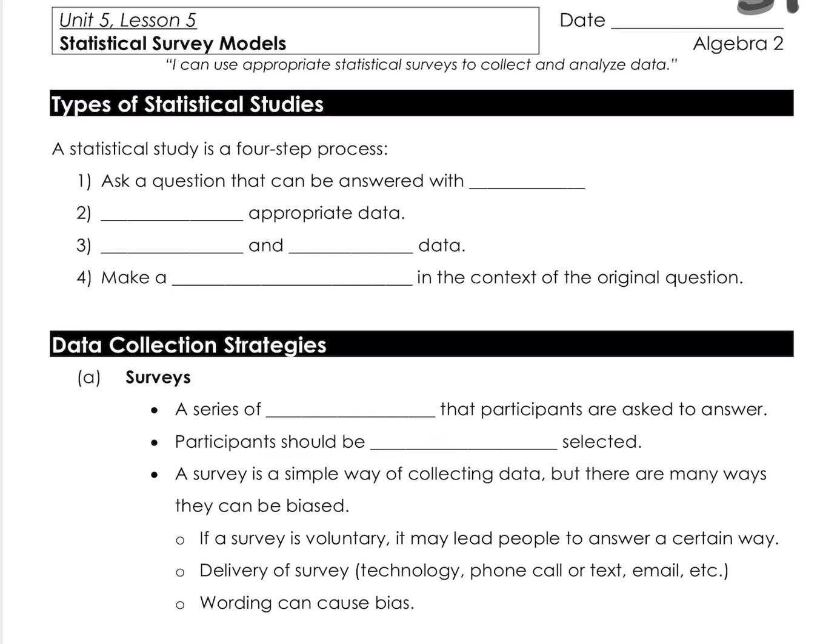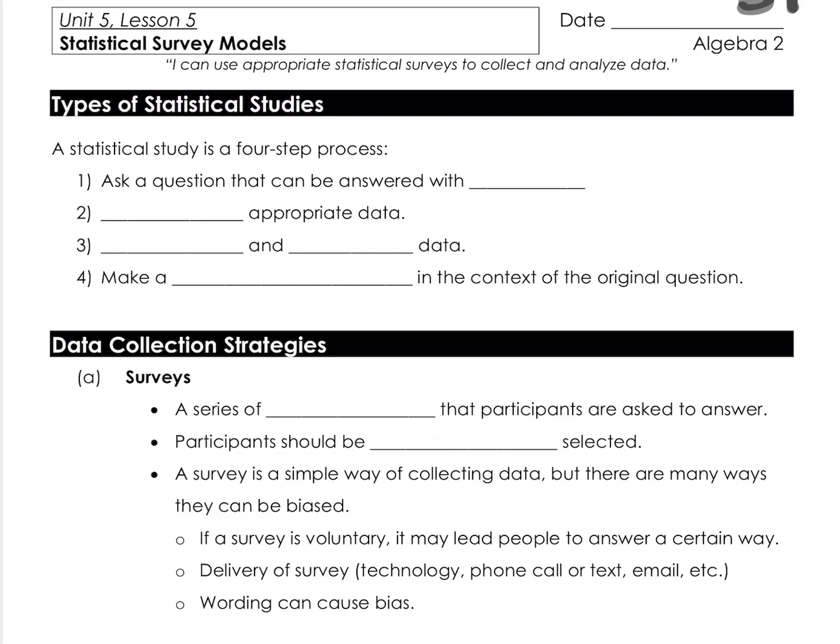We use it to summarize data and make predictions, or to use data to make informed decisions. So our goal with this Nearpod lesson is to get the bulk of these notes down so that when we get to the mathier part of statistics, we have more time to do practice problems in class, okay? So first we're going to start with statistical studies.